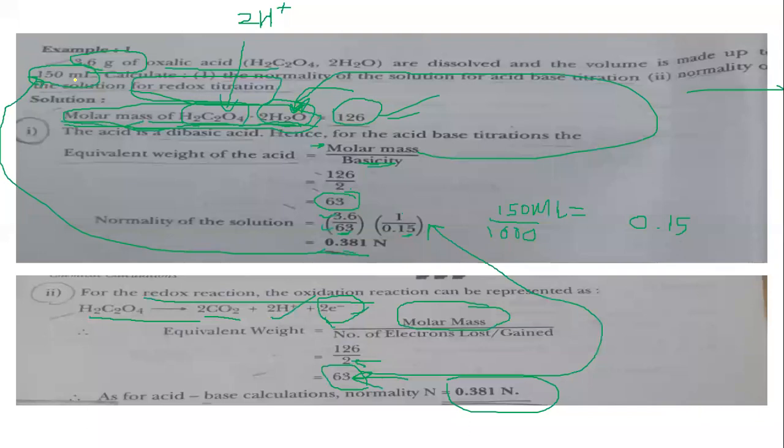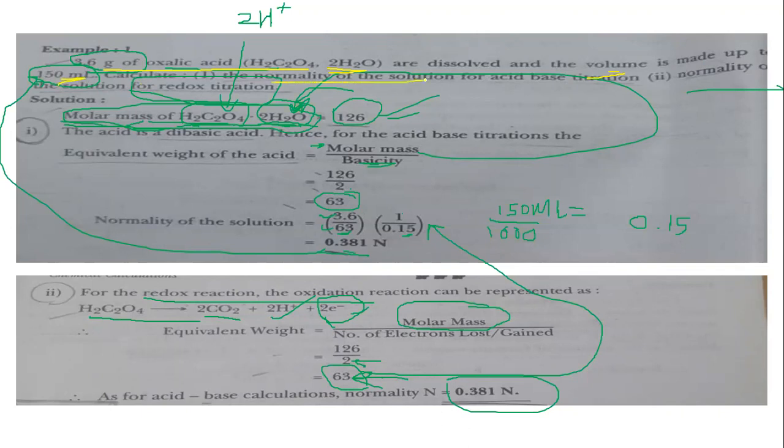Now, this is the first example. We are going to find the normality of the solution. 3.6 gram of oxalic acid dihydrate, it's a dihydrate molecule with 2 water molecules, is dissolved and the volume is made up to 150 ml.